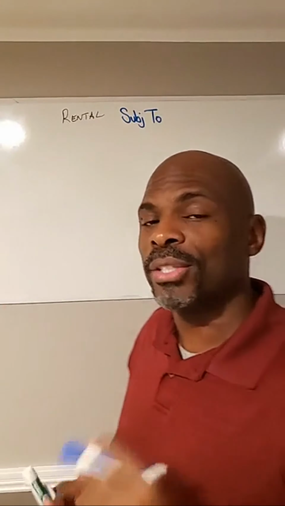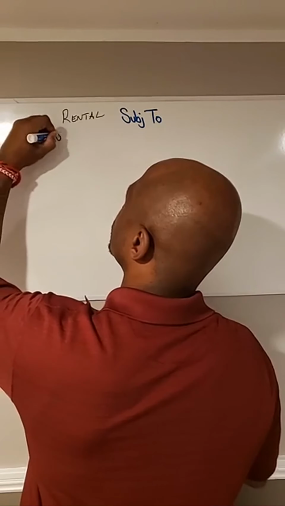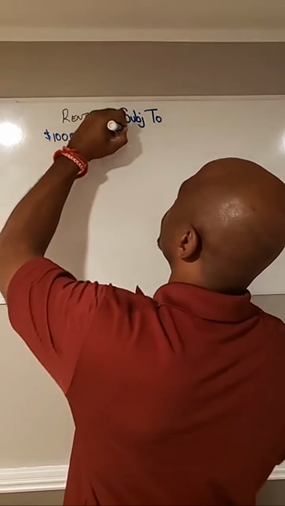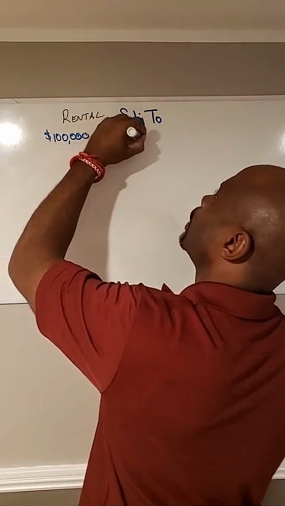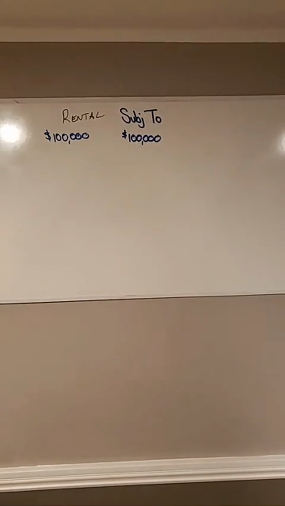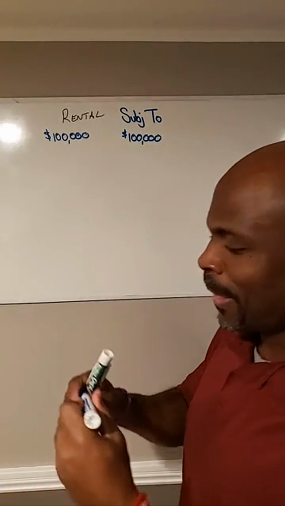this here. All right, so let's say the property value is $100,000. And with the subject to, it's saying $100,000 mortgage. $100,000 mortgage is on the property. All right.